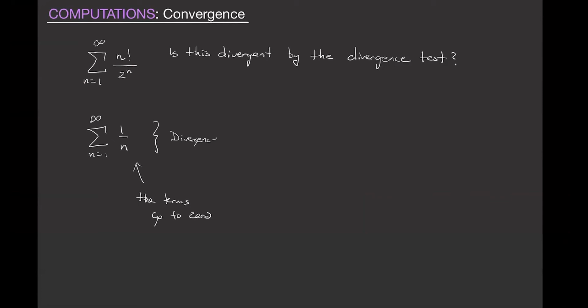So the terms going to 0 is not enough. However, it is a condition that's necessary. So we say it's a necessary but not sufficient condition. You need to have this at least.